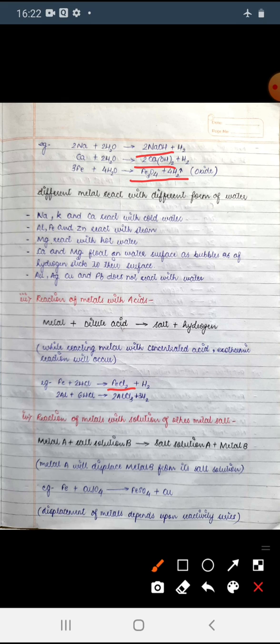Here you can see the example Fe plus CuSO4, when iron reacts with copper sulfate. Copper sulfate is a salt solution of copper metal. Copper here is a metal, and copper sulfate is the salt solution of metal B. So when iron reacts with copper sulfate, it displaces copper.